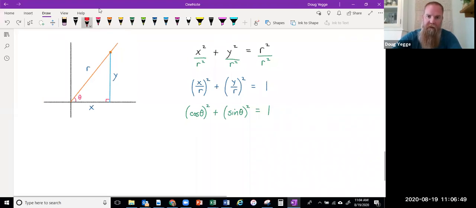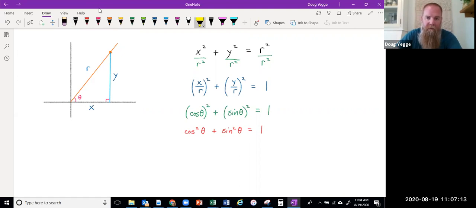More specifically, exponents above trigonometric functions can actually be written up above the word. So we could write this as cosine squared theta plus sine squared theta is equal to 1. And this is considered a Pythagorean identity.